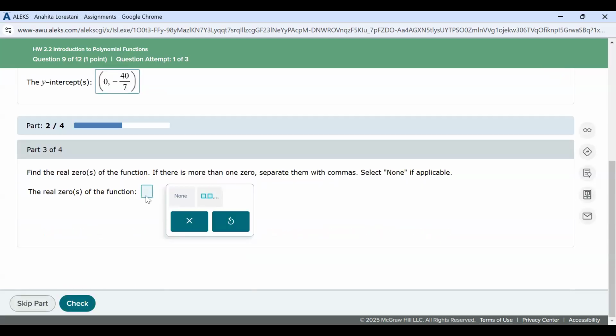Then it's going to ask you to find your zeros. So you're going to just say they are the 3 numbers we found, negative 5, negative 2, and 4.